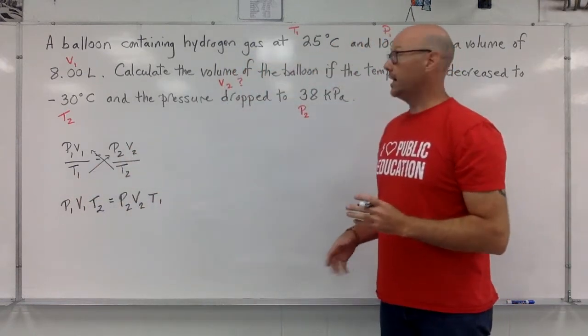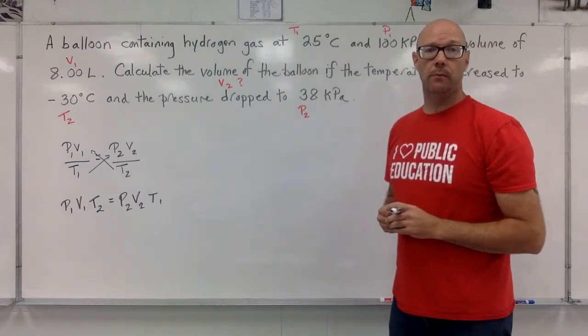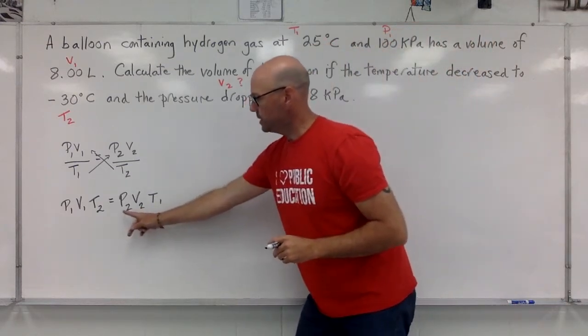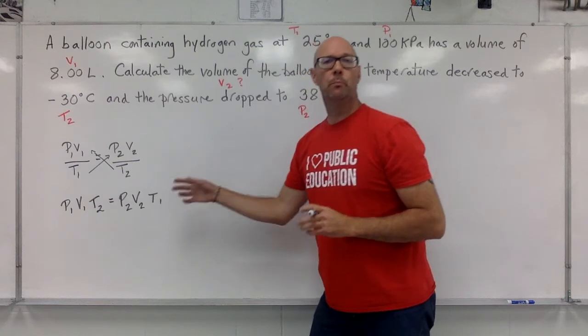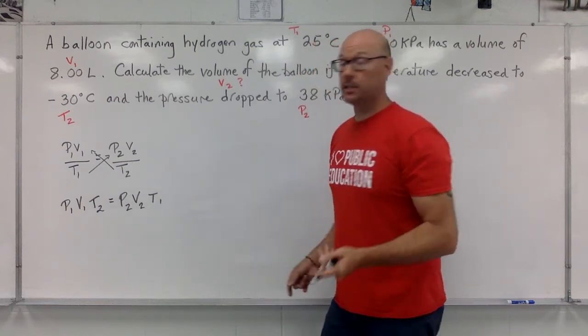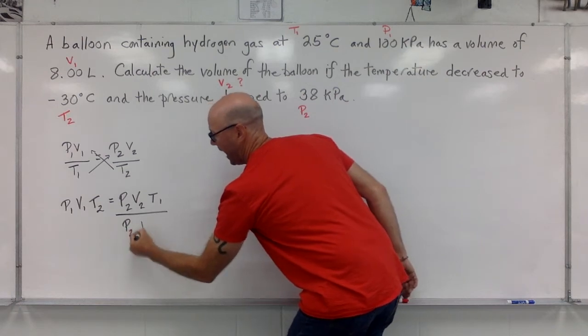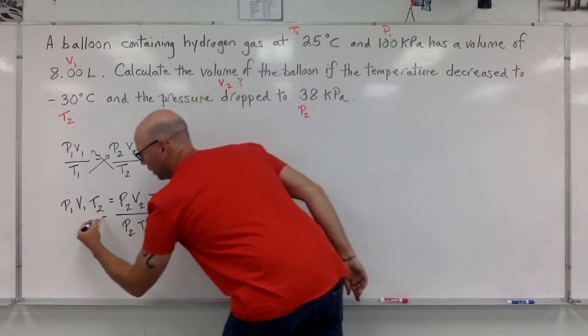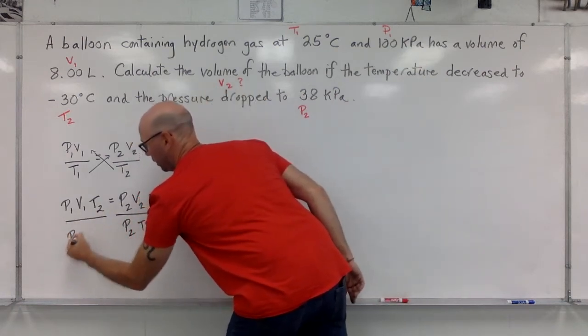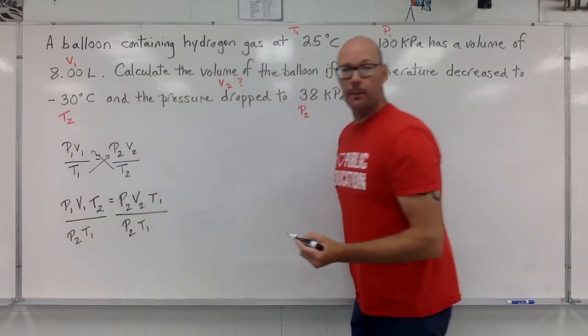Now I'm looking to isolate the V2 variable. Here it is. I need to divide by P2 and T1, and I need to do that to both sides. Divide by P2 and T1. Do the same thing to both sides.